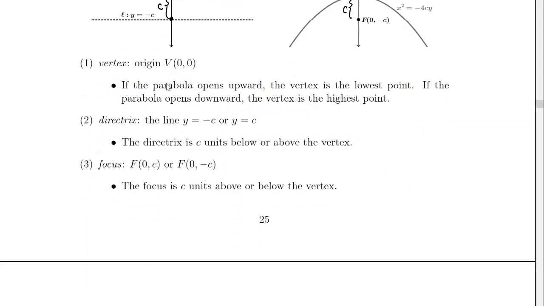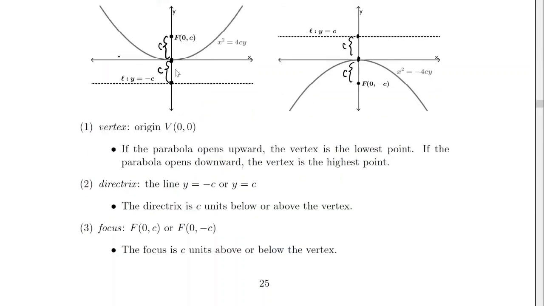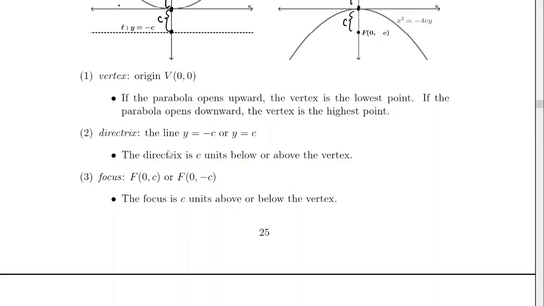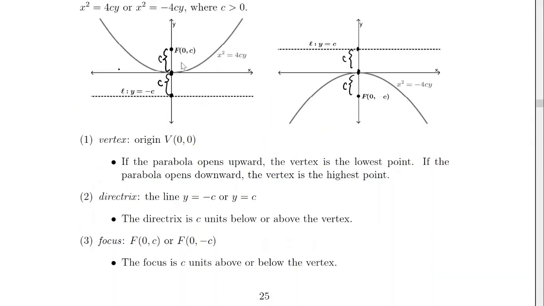If the vertex is at the origin and the parabola opens upward, the vertex is the lowest point. And if the parabola opens downward, the vertex is the highest point of the parabola. For a parabola that opens upward, the directrix is the line y = -c.